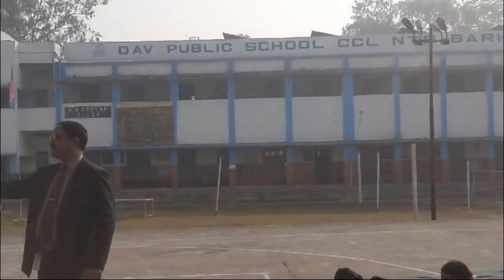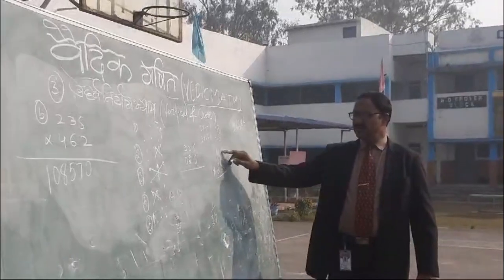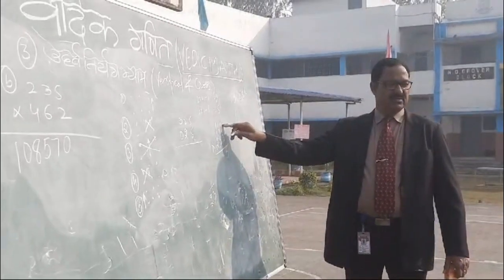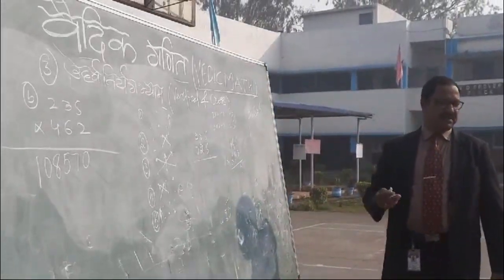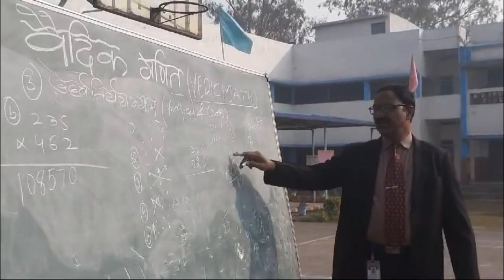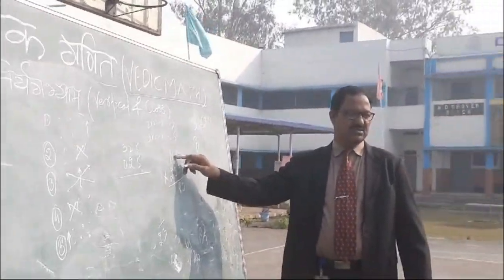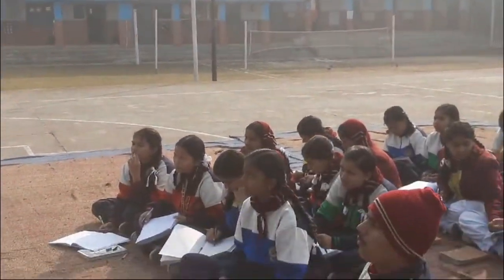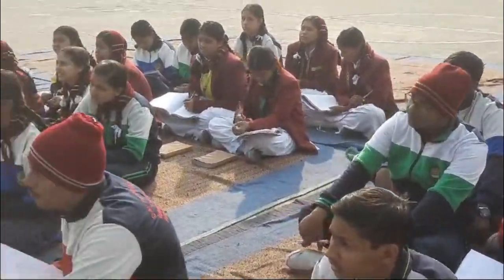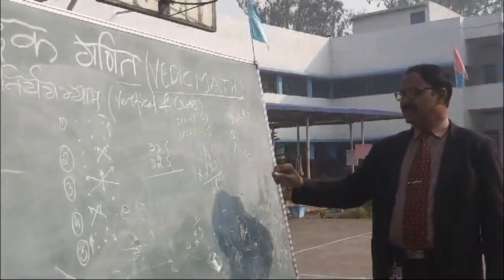What is the answer? 36685. Let's check. 5 into 3, carry 1. 3 into 4, 12, and 5 into 5, 25, 12 plus 25, 37, and 1, 38, carry 3. 3 into 1, 3, 2 into 5, 10, and 4 into 5, 20. 3 into 1, 3, 5 into 10, 13, and this is 20. 33 and 3, 36, carry 3. 5 into 1, 5, 2 into 4, 8, 5 plus 8, 13, 13 and 3, 16.